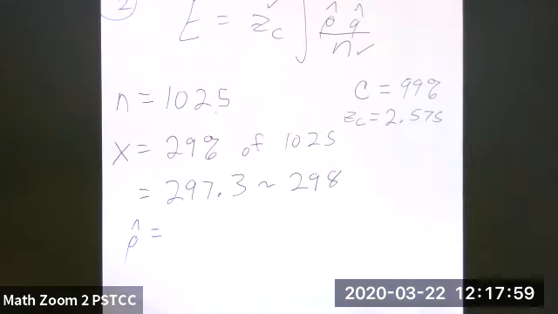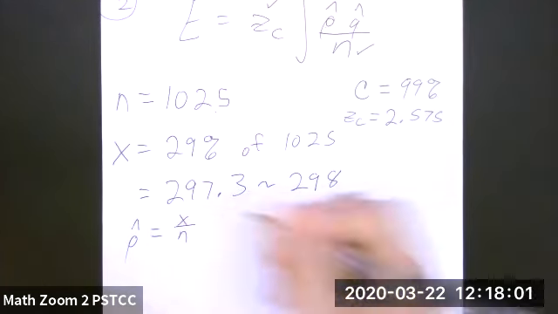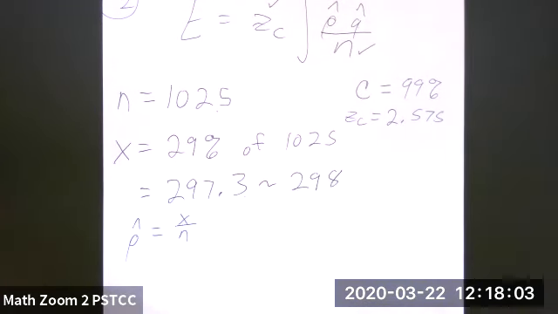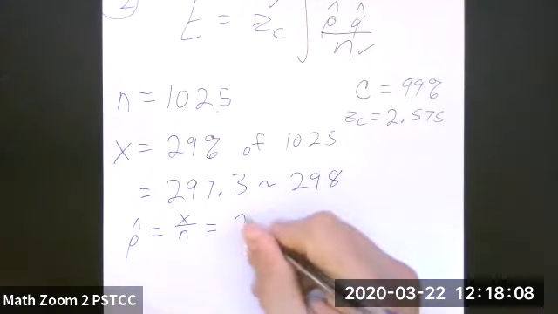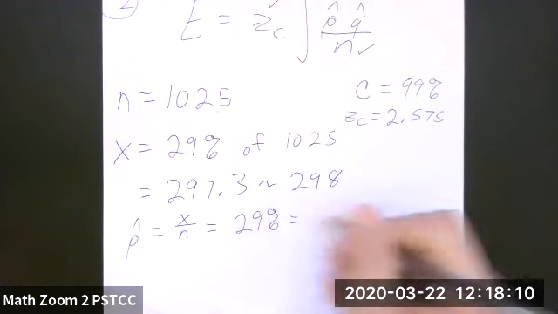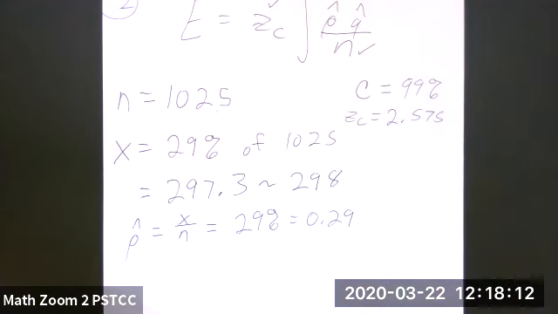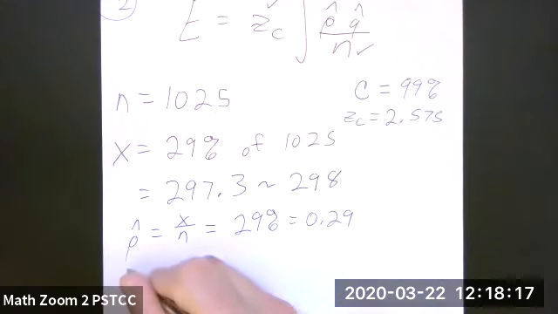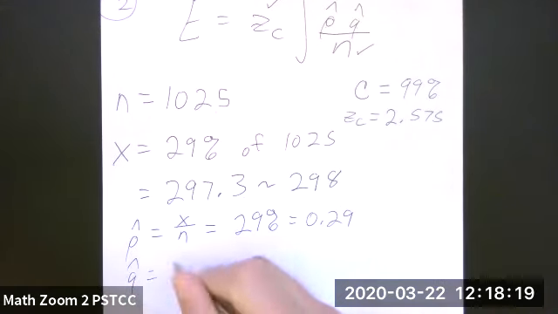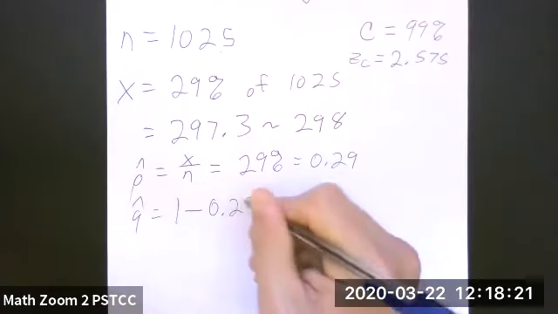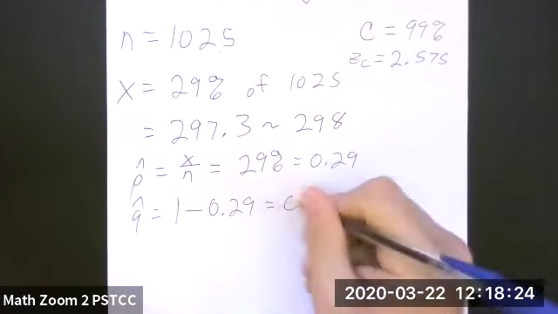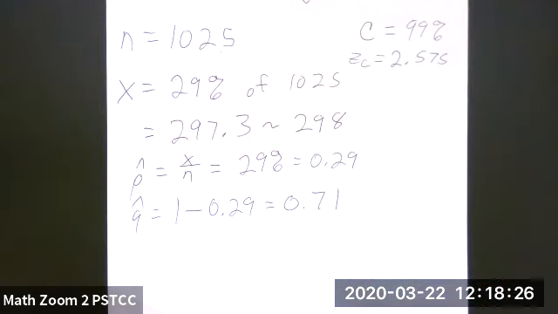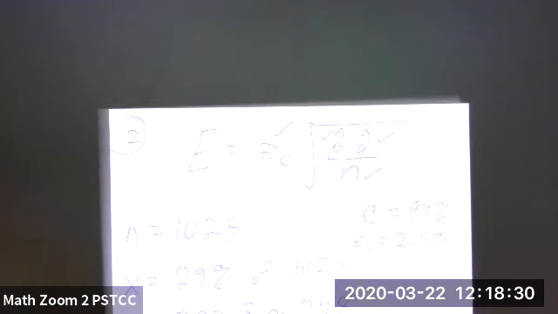Now, in the previous problem, we used x over n, which you can use this time, but they've already given us p hat in the form of a decimal. And again, we can get q hat by doing 1 minus p hat. And with that, we have everything we need to get the margin of error.